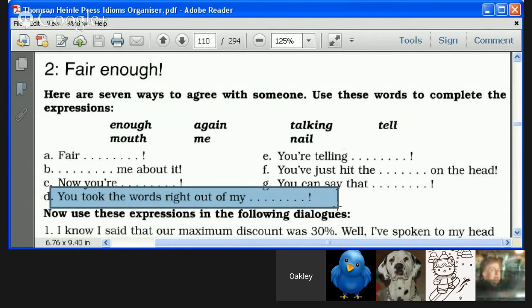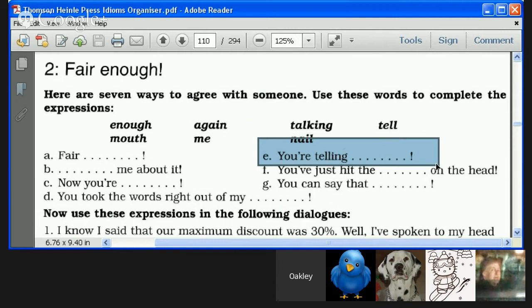Maybe somebody and I are thinking the same things at the same time. That's it. Or quite possibly, you were actually just going to say exactly the same thing. Maybe both of us are thinking about eating ice cream, even though it's 10 below. Oh, you took the words right out of my mouth. I was just going to say that.